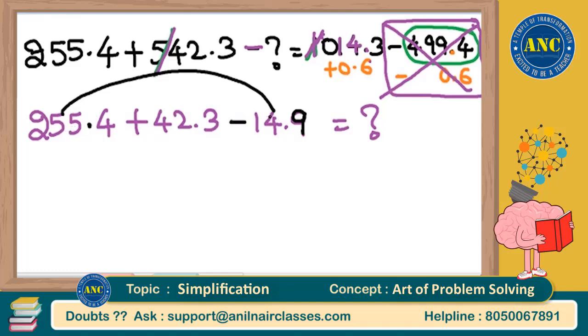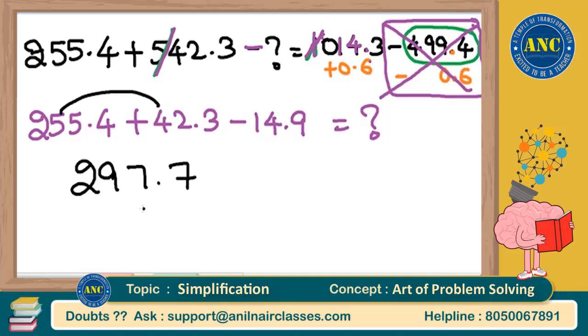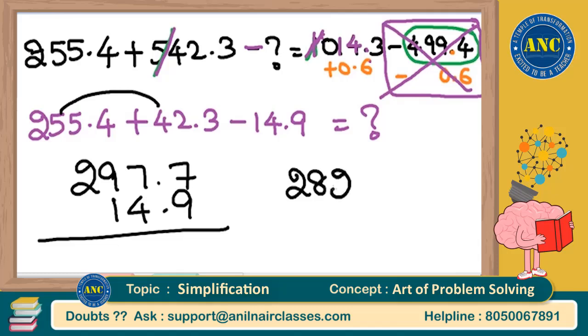Let me add these two then. Let me add the same signs so that it becomes easy. 255 plus 42, how much is it? It is 297. 297.7, subtract 14.9 from this. 297.7 minus 14 is 283.7, and then minus 0.9 is 282.8.